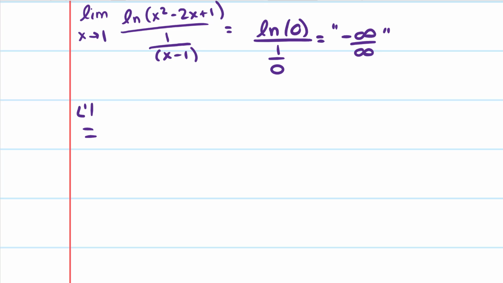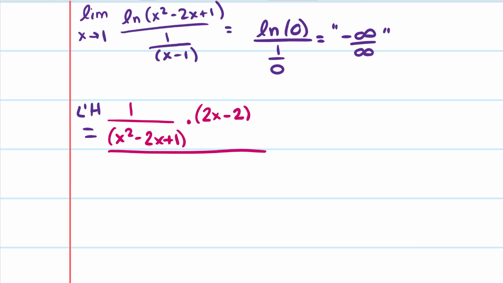So this equals, using L'Hopital's rule, and be careful here, the derivative of ln is 1 over the inside, so 1 over x squared minus 2x plus 1, times the derivative of the inside, so 2x minus 2. The derivative of the bottom piece is going to be 1 over x minus 1 squared with a negative, and the derivative of the inside is just 1.